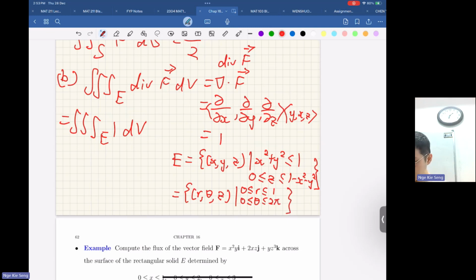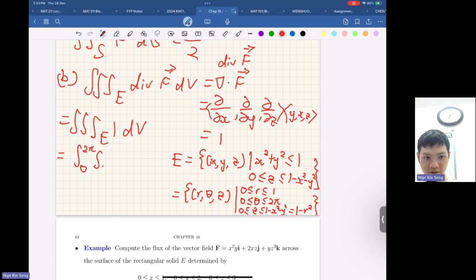The hard part should be this height here. But the height is just 0 to 1 minus x squared minus y squared. What is x squared plus y squared in r, theta form? It is r squared. So it becomes 1 minus r squared. So we're going to use cylindrical coordinates.